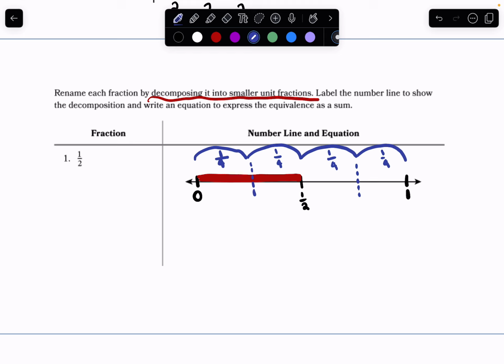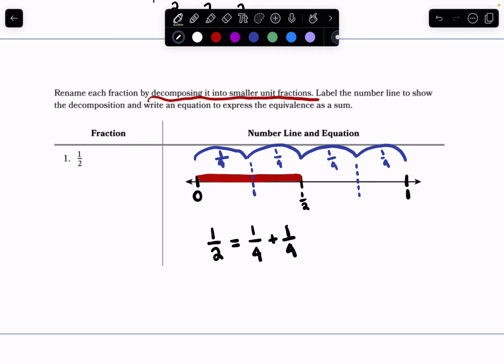But if you took 2 of those 1/4 pieces we always get to use in math and lined them up with one 1/2 piece, you could see that they were the exact same size. So we have labeled our number line to show the decomposition of a 1/2 into smaller parts. And we can write the equation by saying that 1/2 is equal to 1/4 plus 1/4.